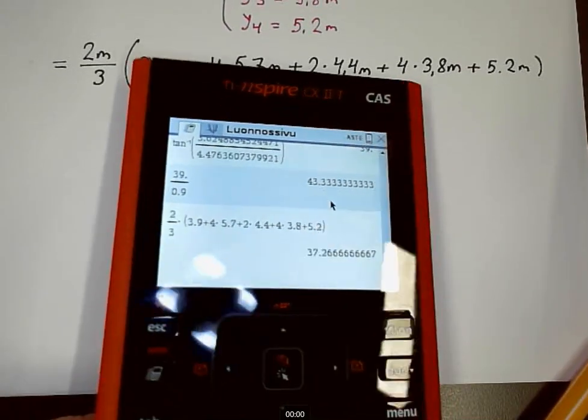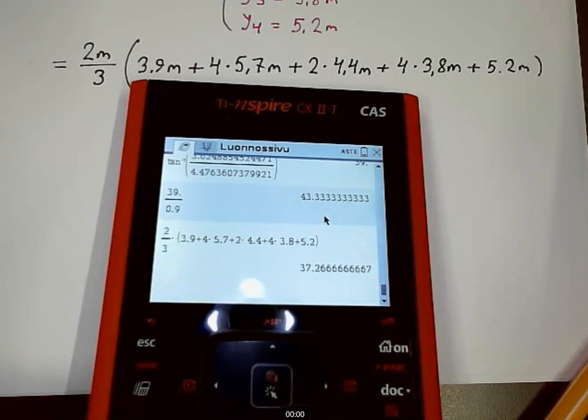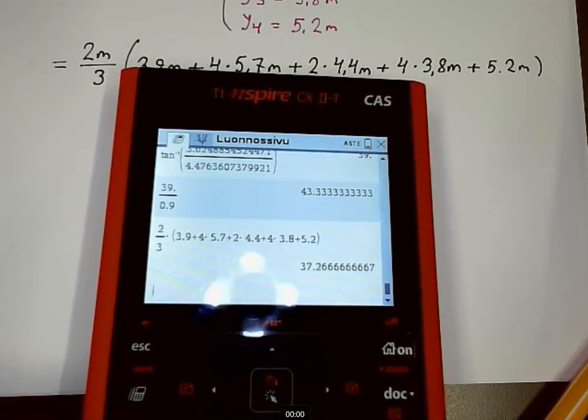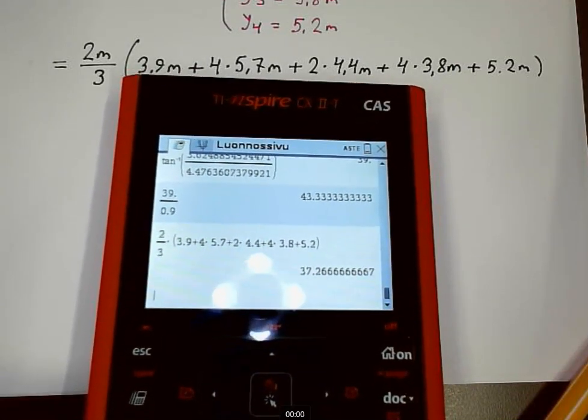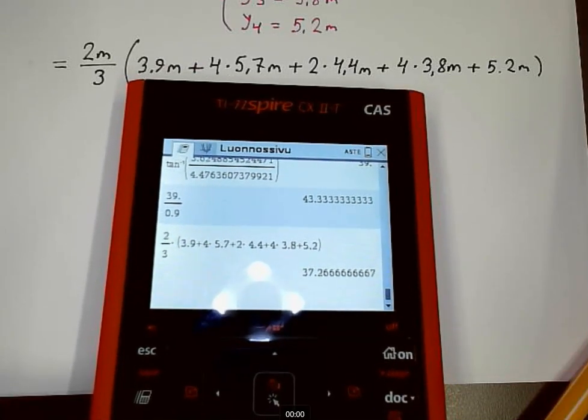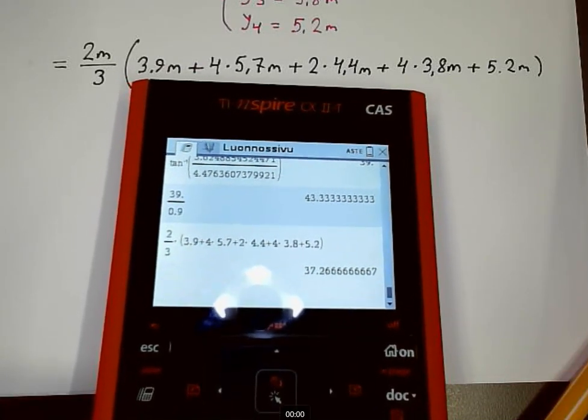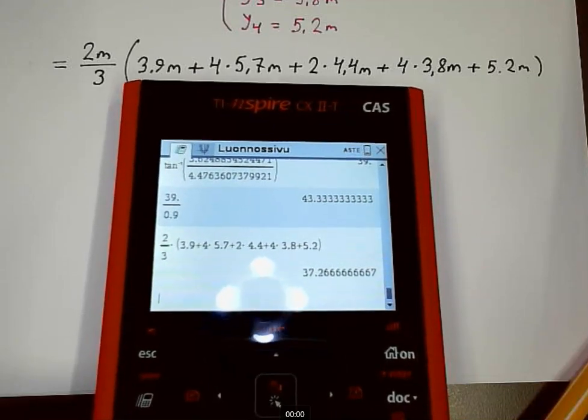So here is my result, and the unit of this area is square meters, because meters were used in that calculation.